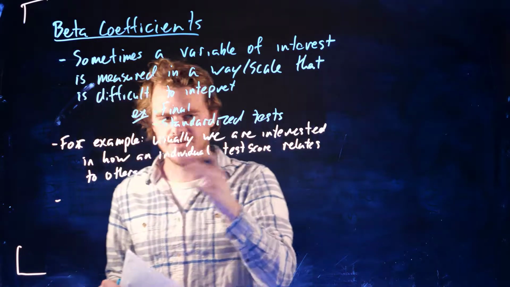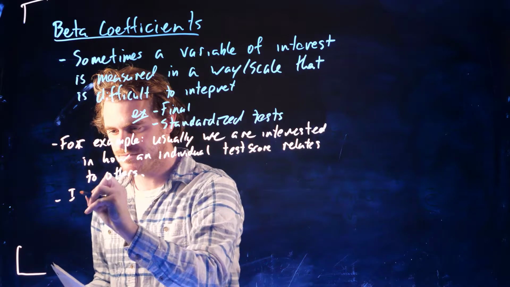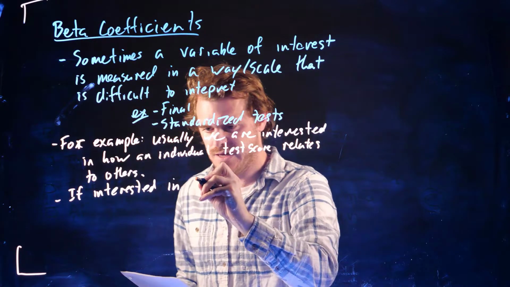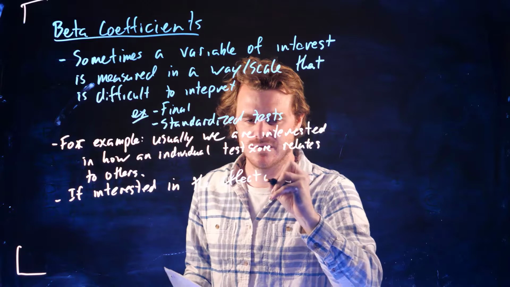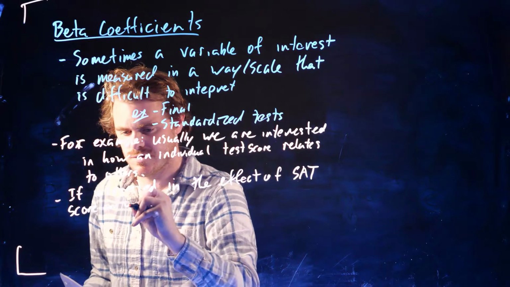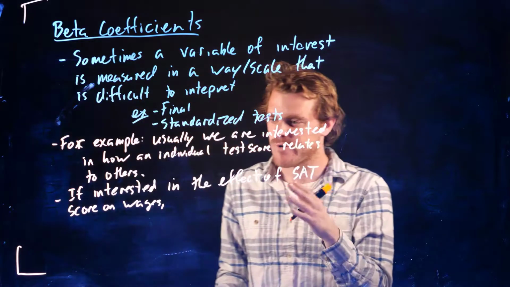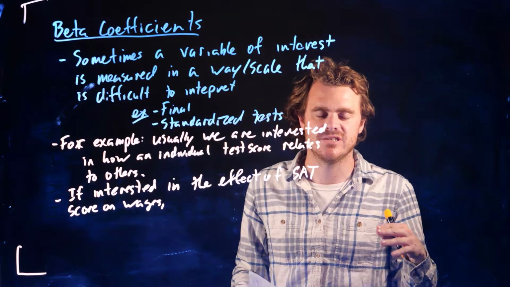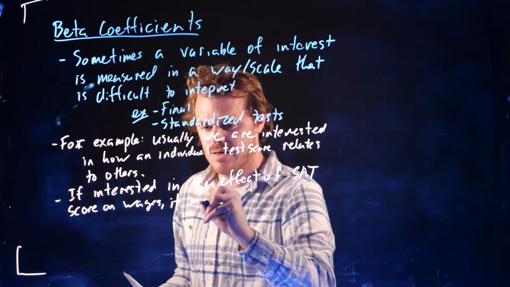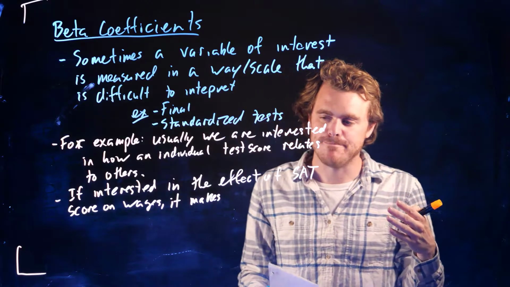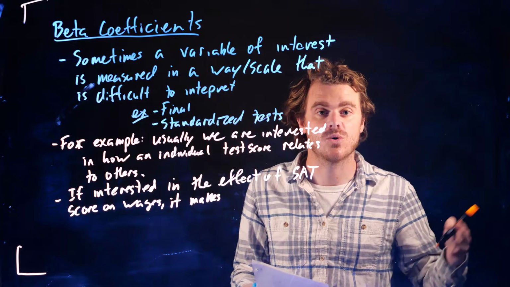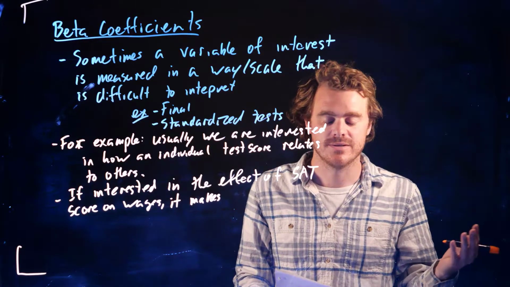So let's expand on this point and hopefully make it a little bit more clear. If we're interested in the effect of an SAT score on wages, we're not really usually interested in what happens to someone's wages if their SAT score went up by 1 point. Instead, we might want to think about what happens if this person's relative score changed, like their score went up by 1 standard deviation, for instance.